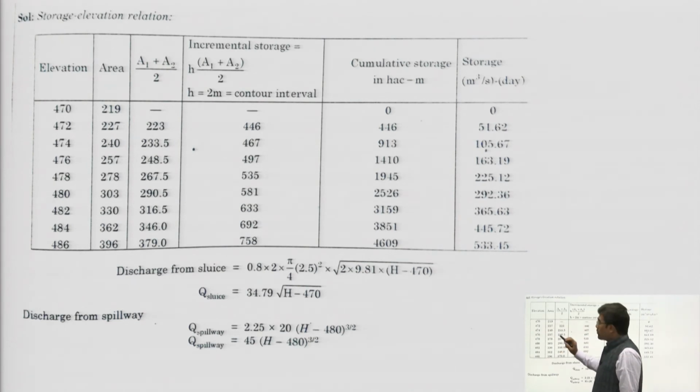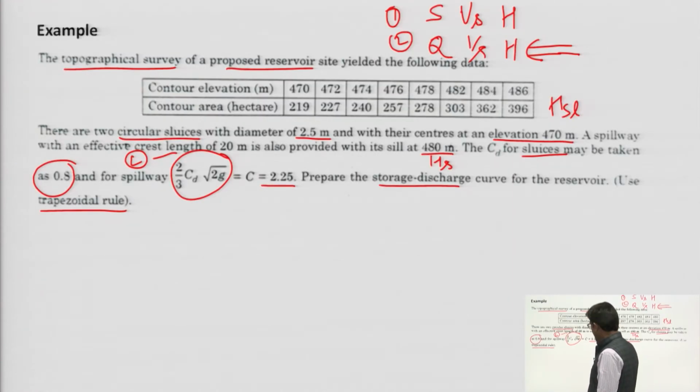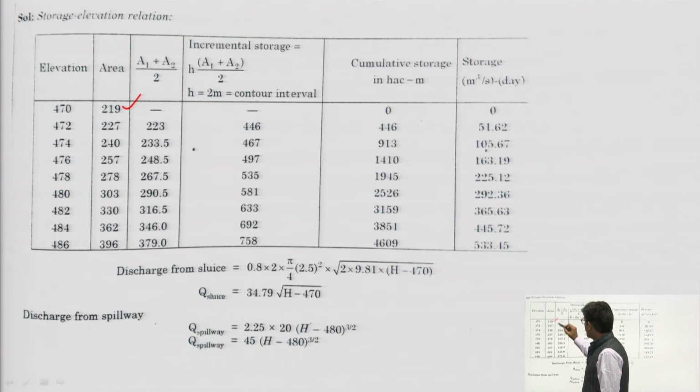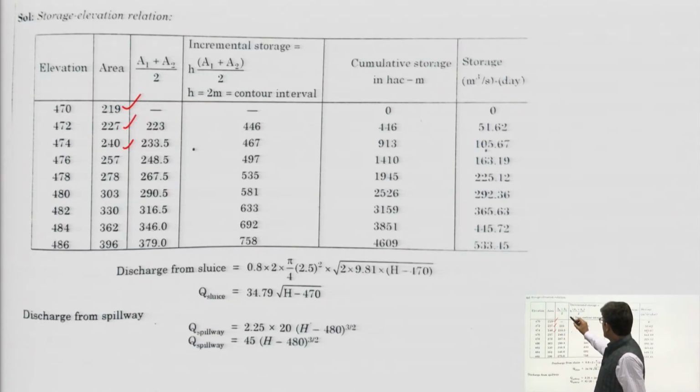The area is given to us: at 470 it is 219, at 472 it is 227, 240, these are the data.